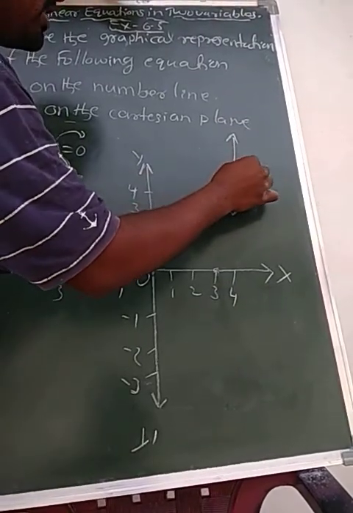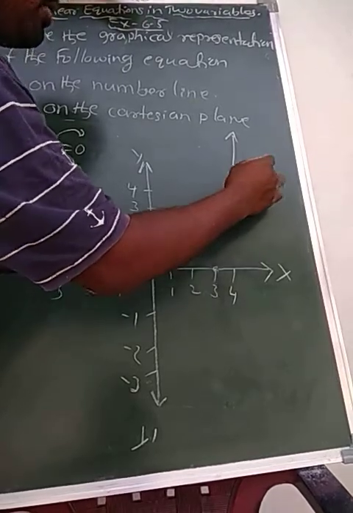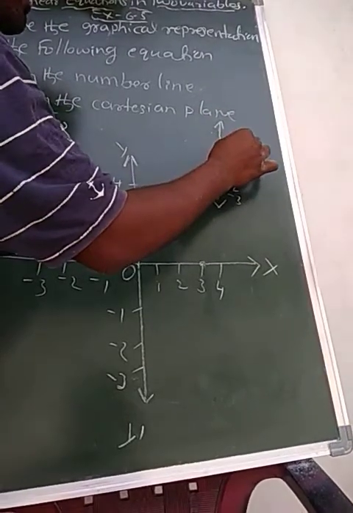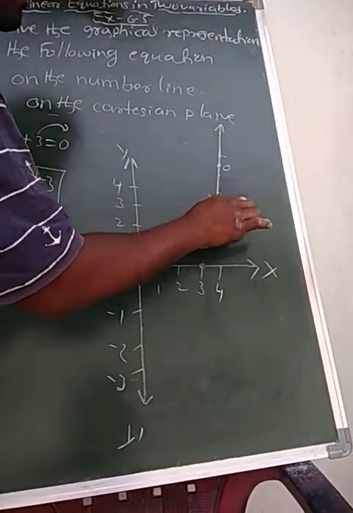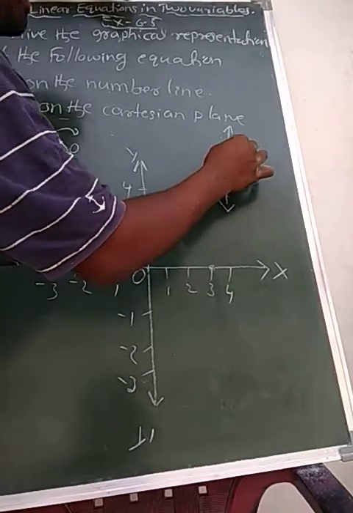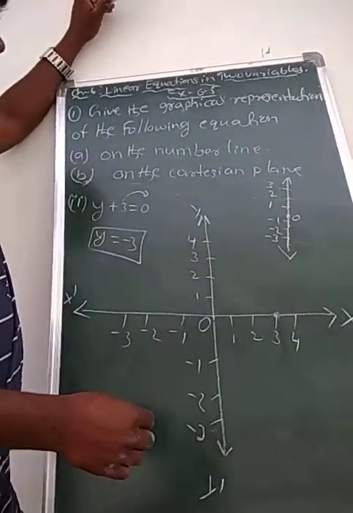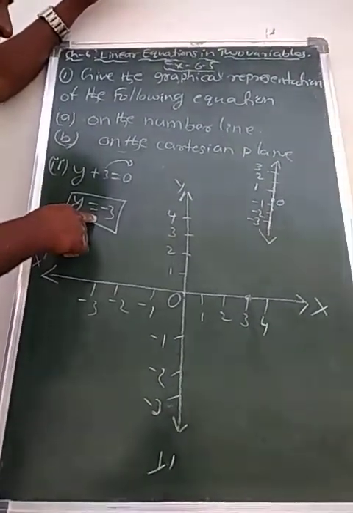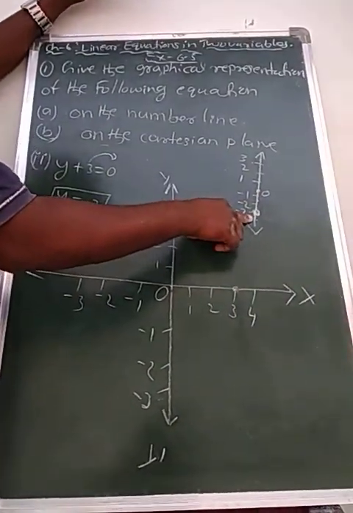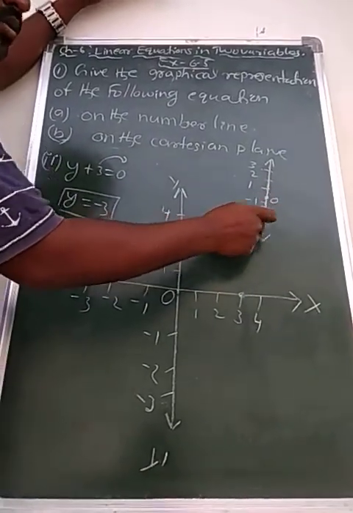We know the middle is 0, minus 1, minus 2, minus 3 from 0 downwards, and from 0 upwards 1 2 3. So the value of y is equals to minus 3. అంటే మైనస్ 3 అనేది మనం ఇక్కడ నంబర్ లైన్లో ఇలా రిప్రజెంట్ చేయొచ్చు. ఓకేనా? మైనస్ 3 కదా, అంటే 0కి డౌన్ ఇక్కడ రిప్రజెంట్ చేయొచ్చు.